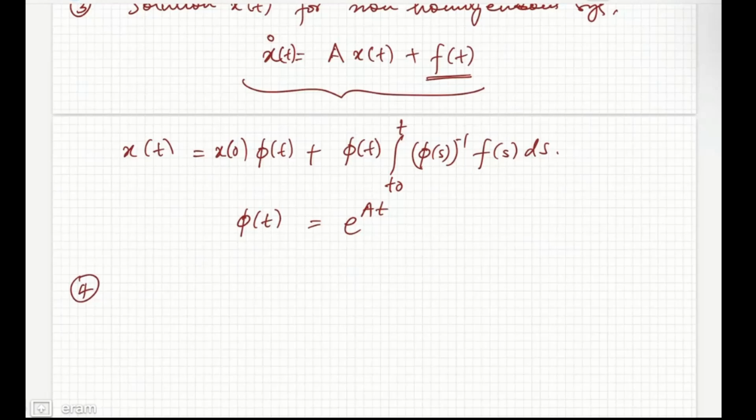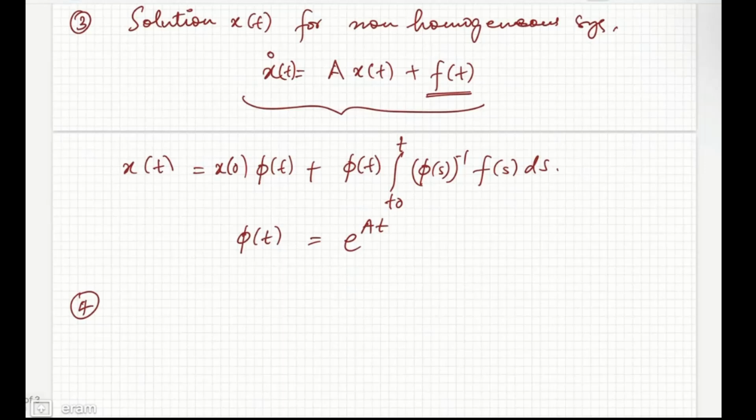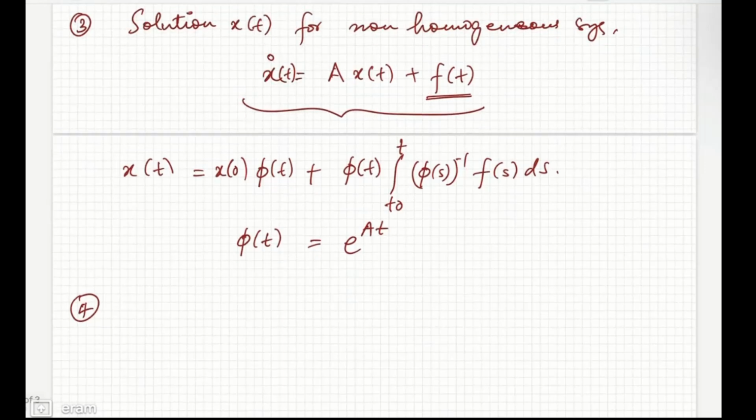Then further, after finding the solution, we focused on the qualitative analysis of the system, where we can analyze the evolution of the system trajectory using the critical points, or what else we can call such points, equilibrium points.